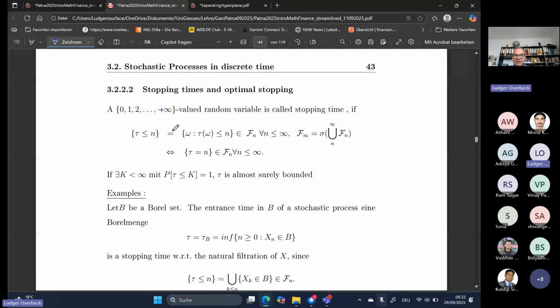If my wealth X_n is larger than 100, I exit. In this case, my B would be the interval from 100 to plus infinity. As long as this doesn't happen, I play. Okay, that's adapted, as you can see easily. So this is a stopping time.